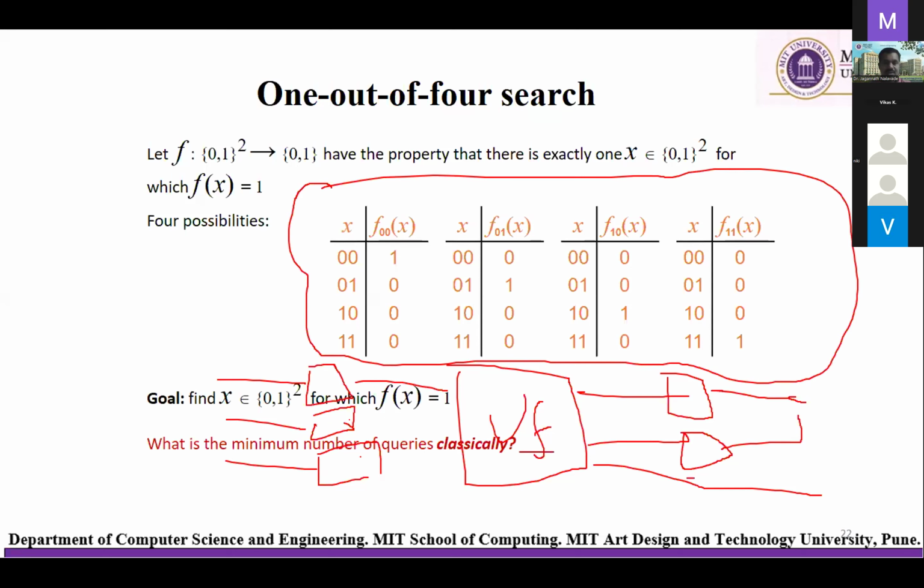Whereas if we want to solve the same Deutsch problem using a quantum computer, then we will require only 1 query. Similarly here, in this 1 out of 4 search, if we solve this particular problem using classical computation, then definitely we will require a minimum of 2 queries. But if we solve this using quantum, then we will solve it using a single query.